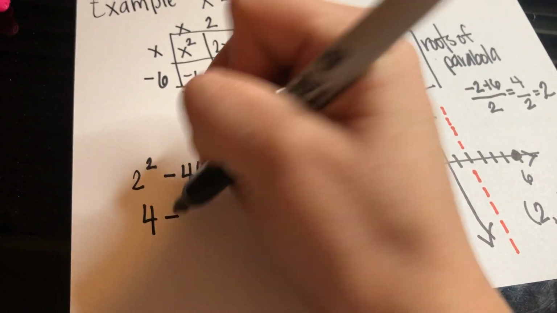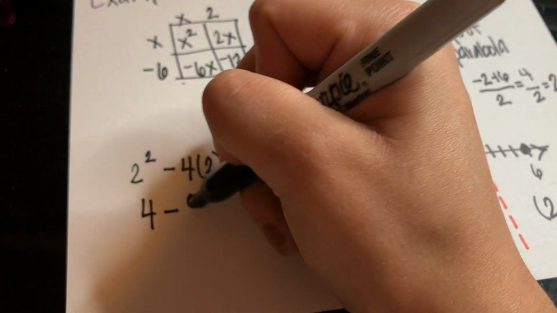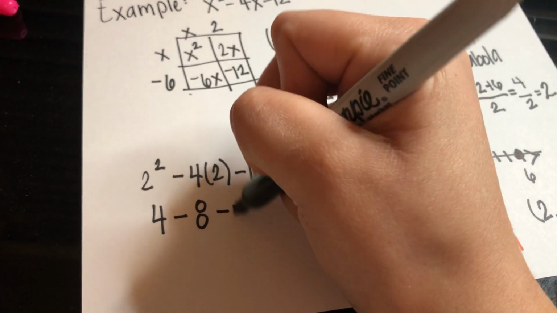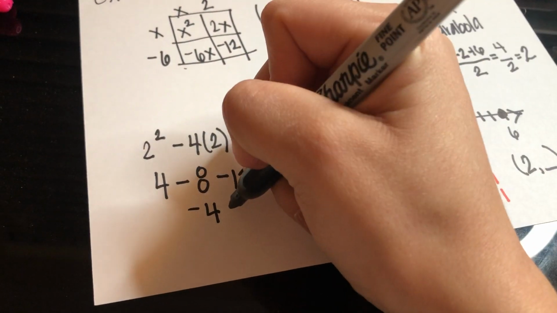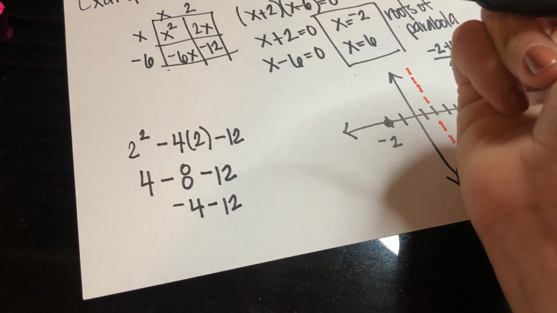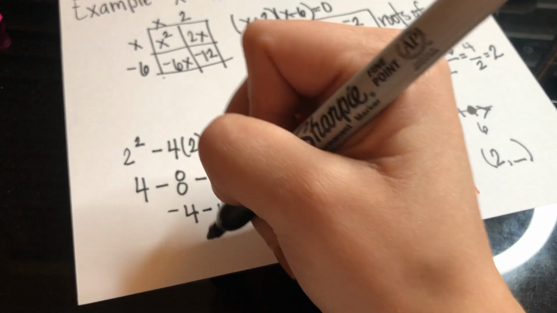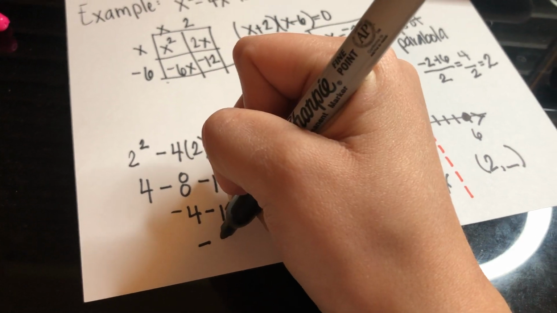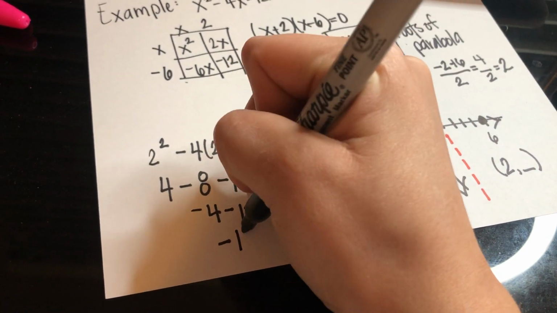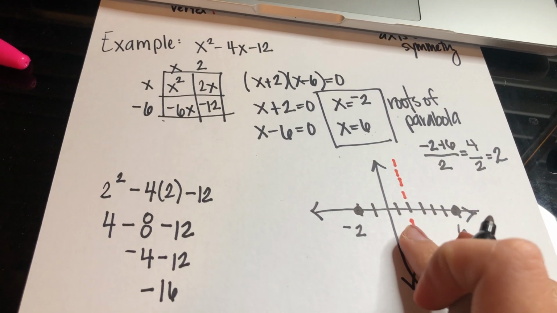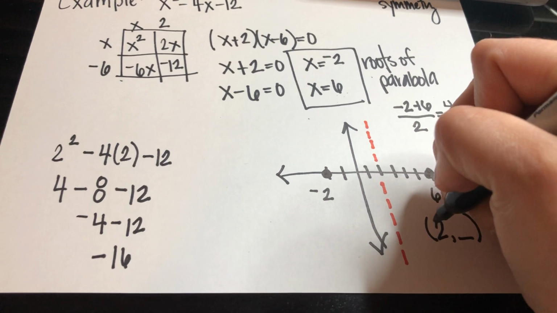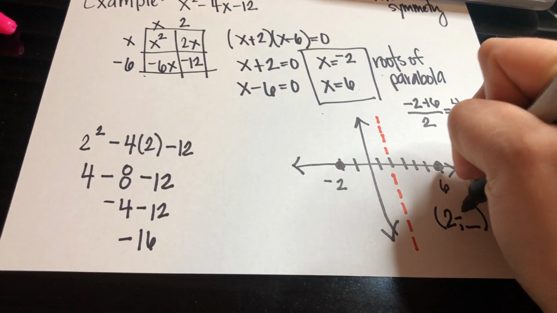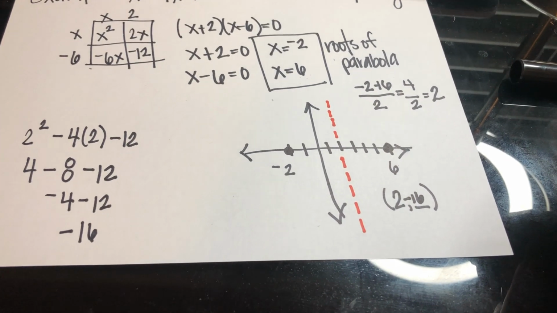And we know that 2 times 2 is 4, minus 4 times 2 is 8, and minus 12. 4 minus 8 is negative 4, minus 12 is negative 16. Okay. And so we know that our vertex is 2, negative 16.